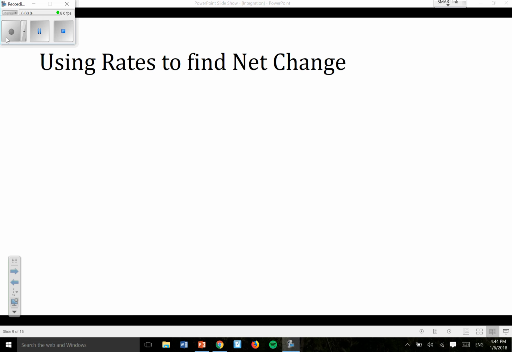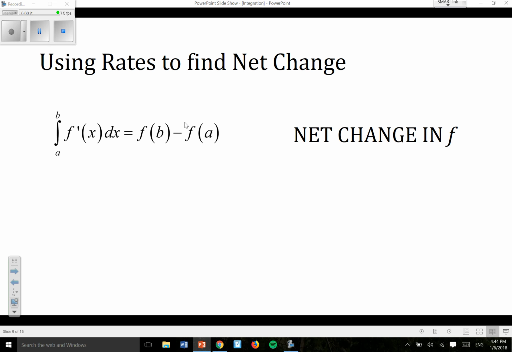We're going to go back to this really important idea of using rates to find net change. I cannot stress enough how important the fundamental theorem of calculus is in telling us that if you integrate a rate of change, you get the net change in f.